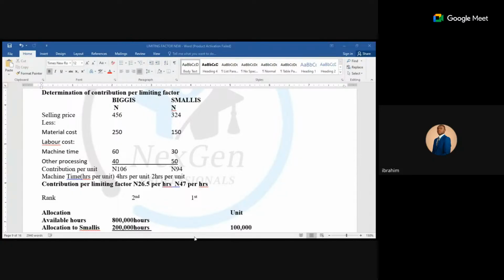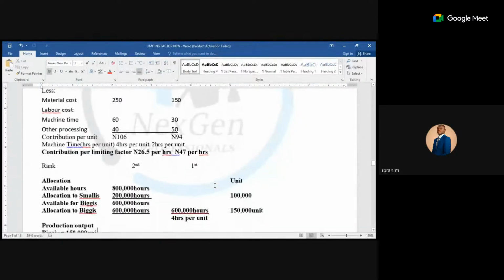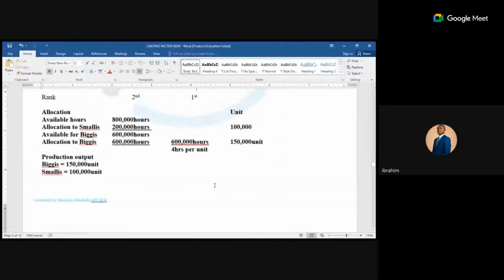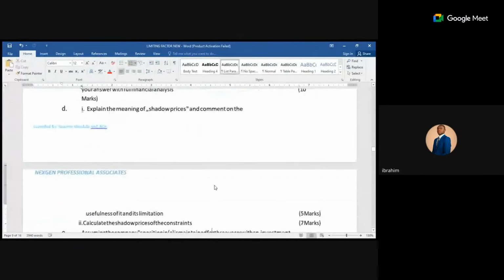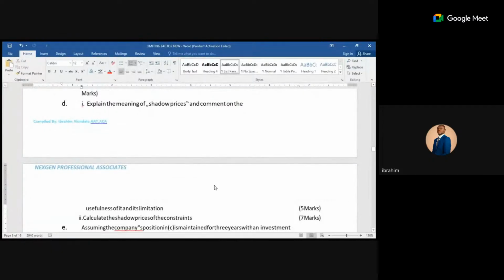Okay, next question. Next question is, we should explain the meaning of shadow price, and comment on the usefulness of it.